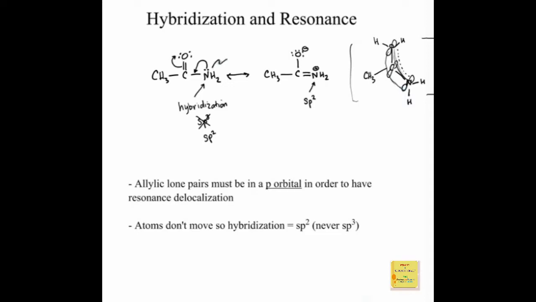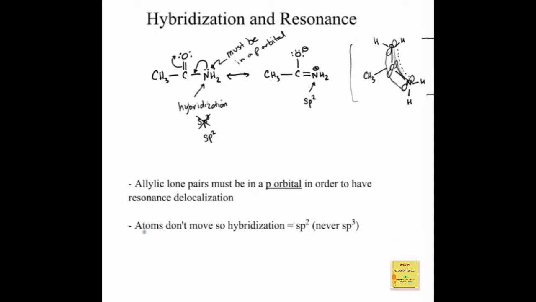So this lone pair must be in a p orbital, which means it can't be sp3 hybridized. That has no p orbitals. It needs sp2 hybridization, so one of the p orbitals is free, and that lone pair then can interact with the other p orbitals from the carbon-oxygen double bond.